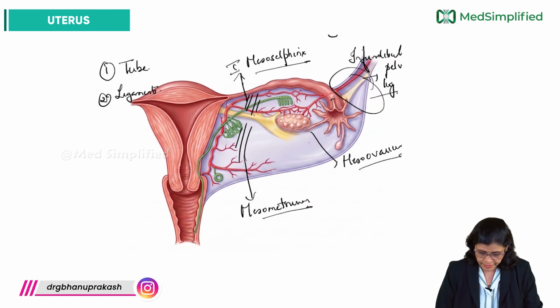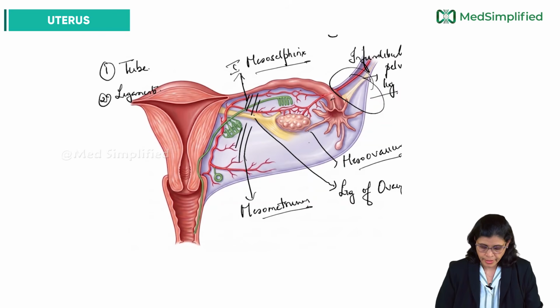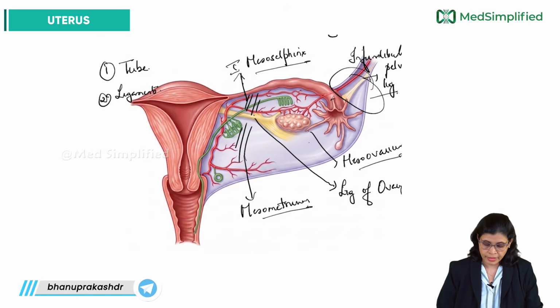Here we see the ligament of ovary, and in the cross section we can see the round ligament of uterus.